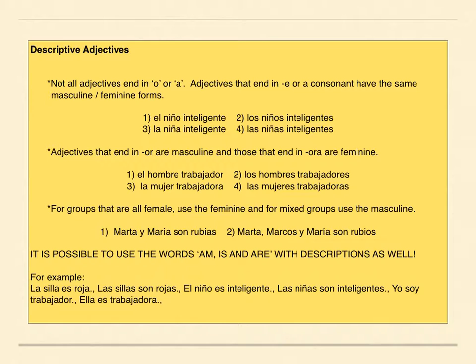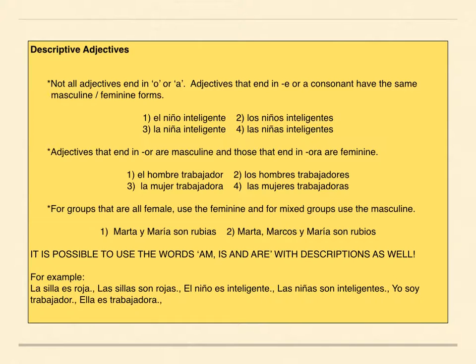Moving along, for groups that are all female, use the feminine, and for mixed groups, use the masculine. For example, number 1, Marta y María son rubias. So Marta and Maria are blonde. So here we have a group of 2 females, so we're going to use the female and plural form of the adjective rubia.